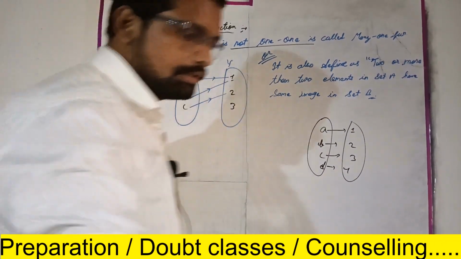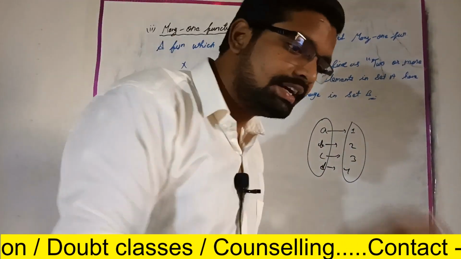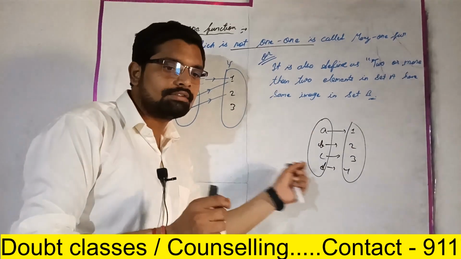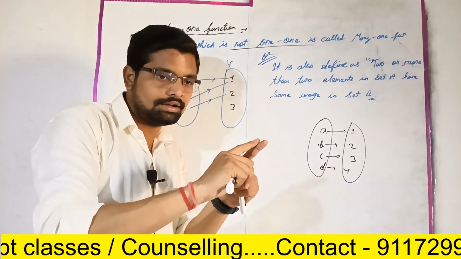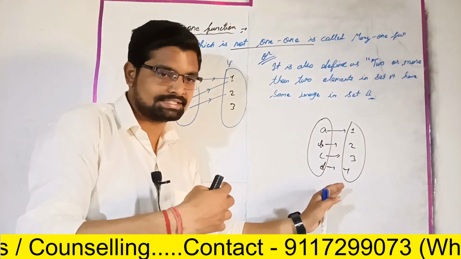Is that clear? Okay. In the name you can also understand it; the meaning is already hidden in the name. One-one means every element has one image, like this.